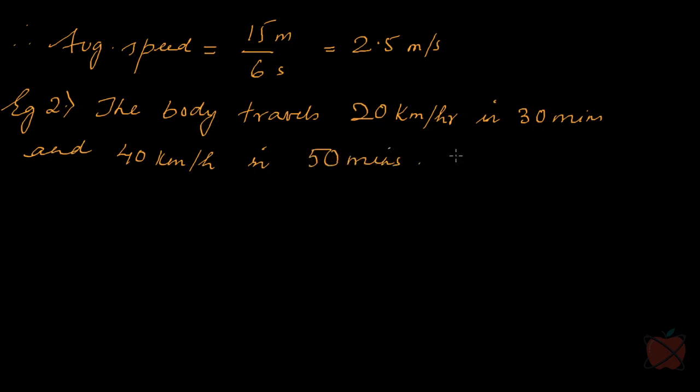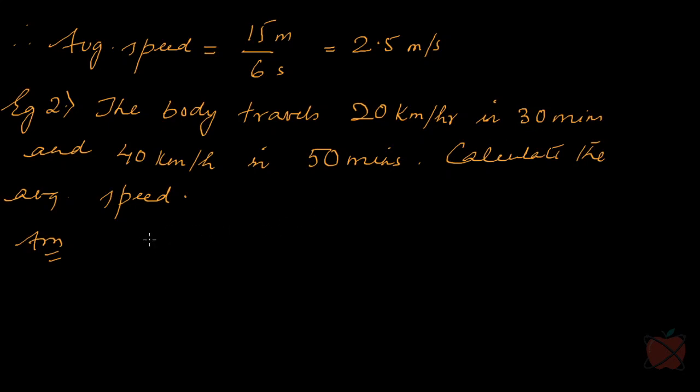Calculate the average speed. So how will you do this? You can see here that the units are not uniform. Here we have kilometer per hour, but the time is in minutes. So what we can do is convert the minutes to hours first.